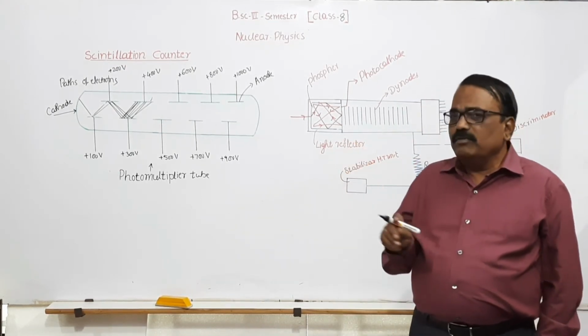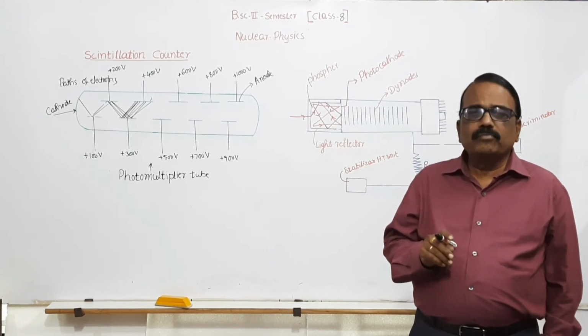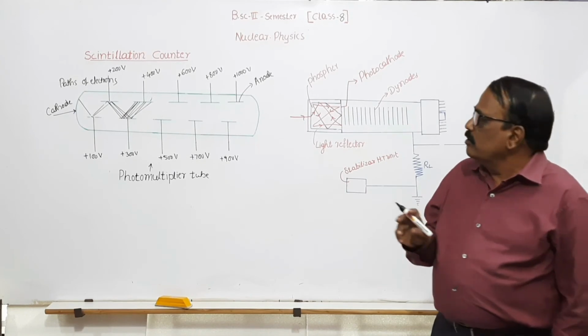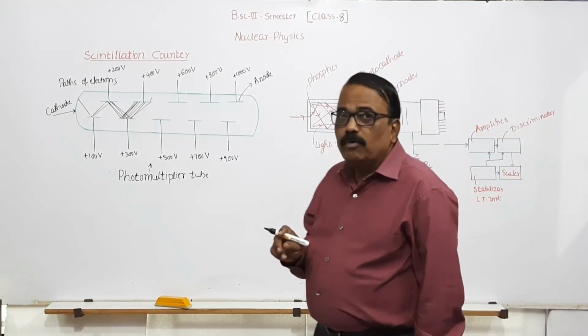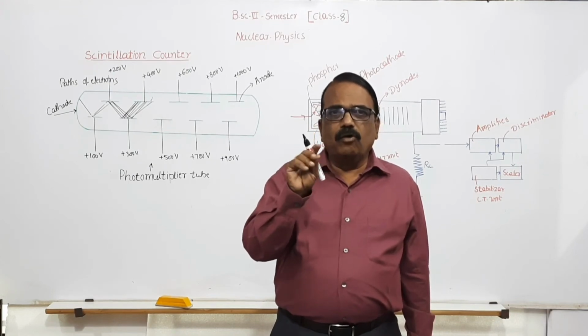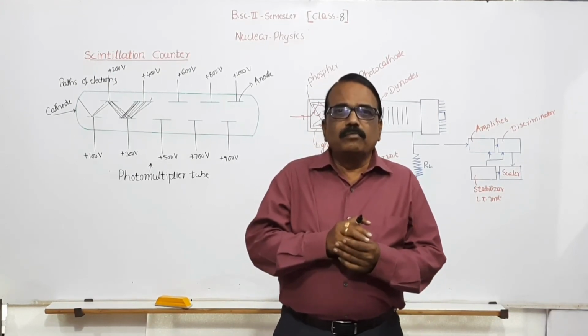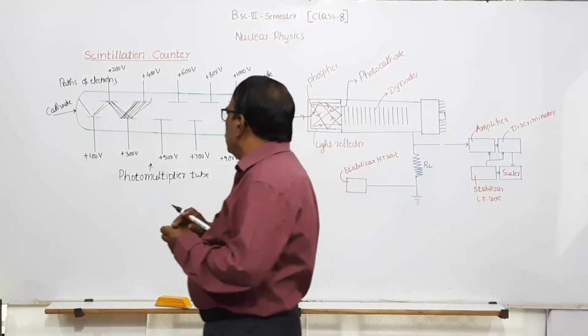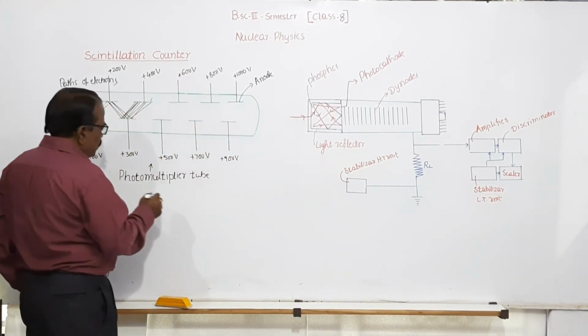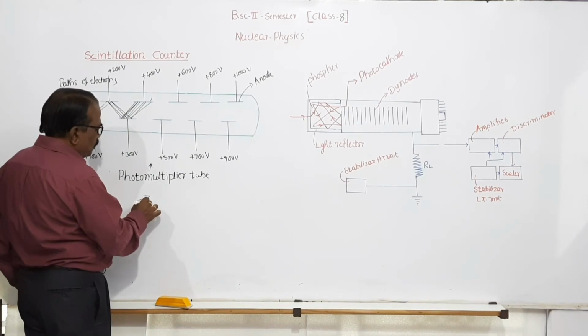So this is one of the earliest methods to detect the alpha particle. By counting the number of scintillations, meaning flashes of light, produced by these alpha particles when they strike certain material like zinc sulfide.